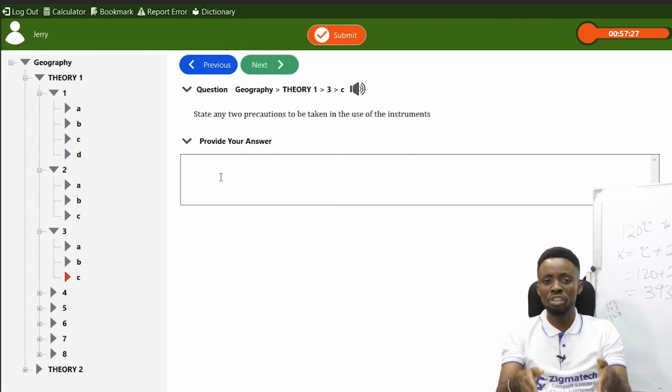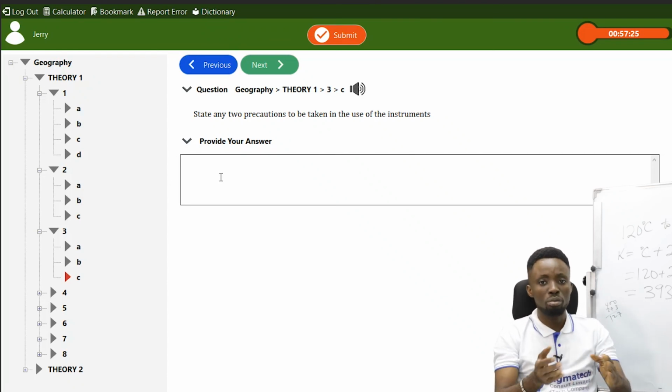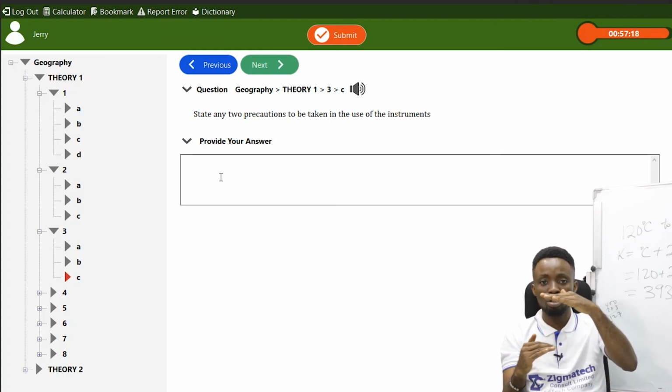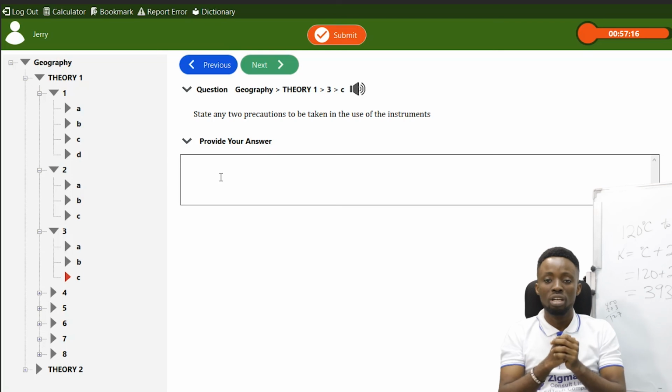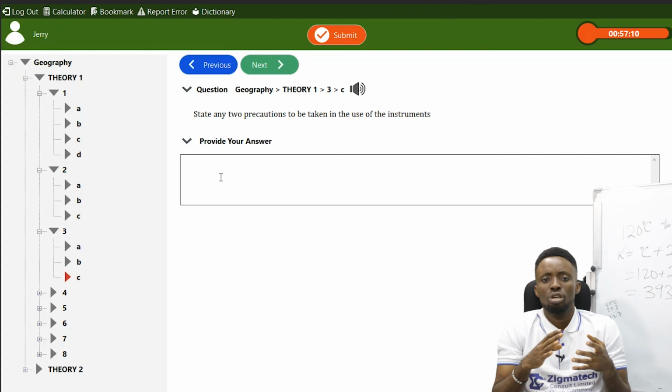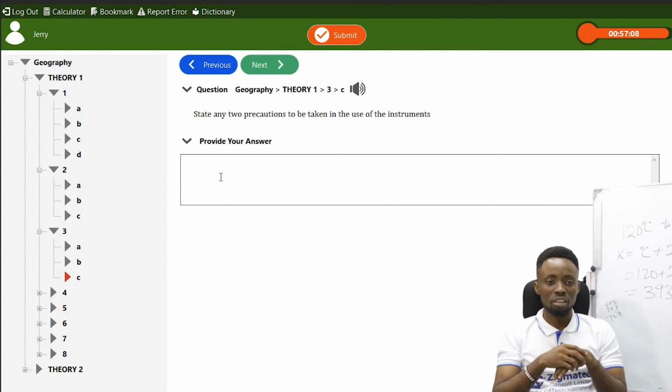And when you're putting the rain gauge in the ground, make sure that the external container is also 30 centimeters from the ground level, so that water will not splash in it. So these are some of the precautions you can take when using the rain gauge.